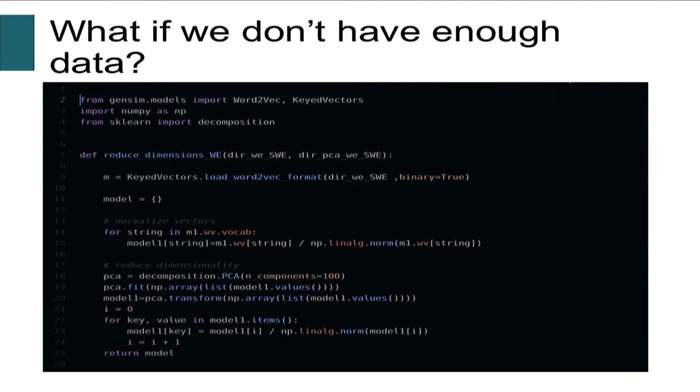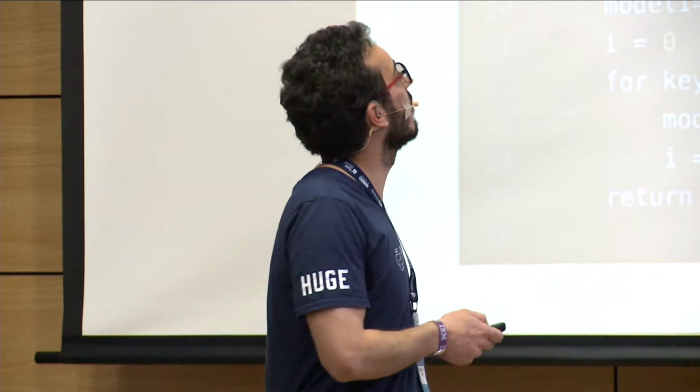In this case, the pre-trained model has a vector dimension of 300, so you have to compress it to 100 because we trained with 100. And you have your model. Of course, I wouldn't recommend that approach. If you can have your own data, it's always better.